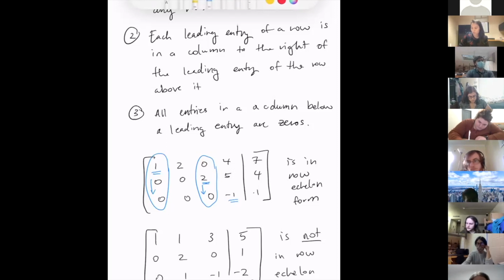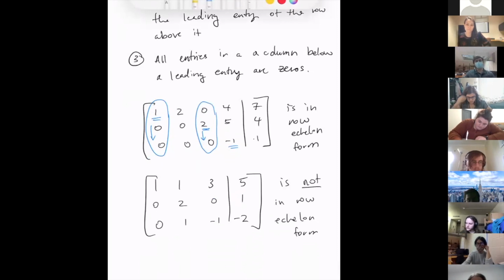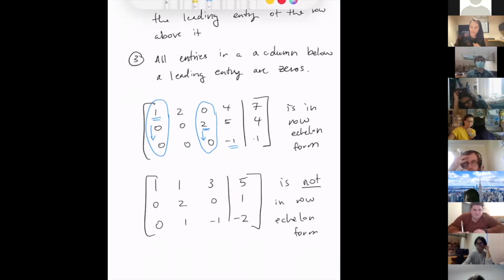Can anybody tell me why? Because the 1 is where 0 should be. Yeah, exactly. So it's not satisfying the third condition, where it says that there should be a 0 below a leading entry, right?